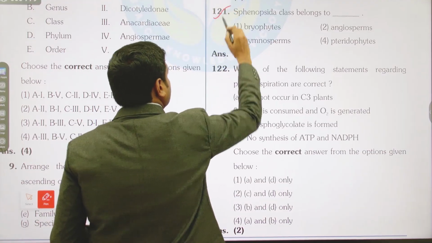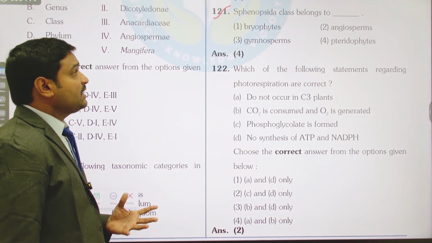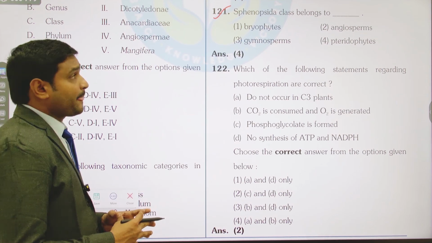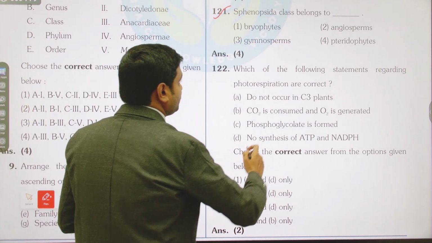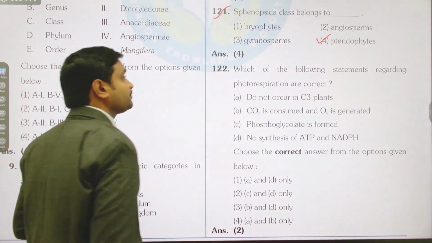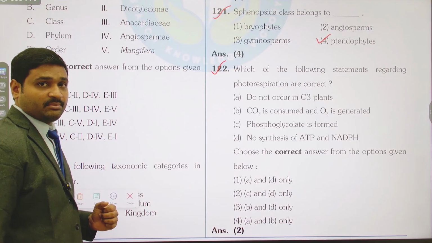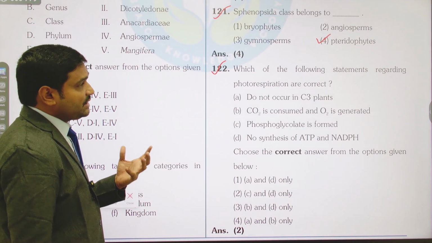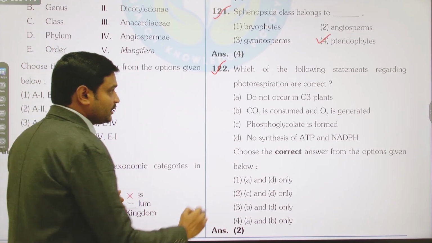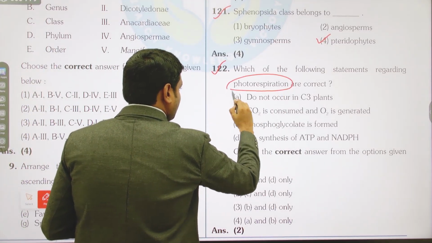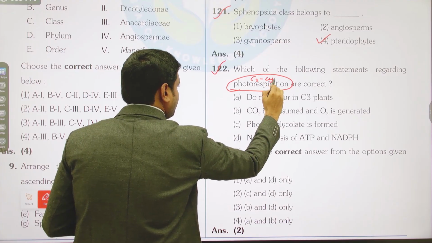Question 121: Sida belongs to... this is a straightforward question from NCERT from the chapter Plant Kingdom. Here Pteropsida belongs to the pteridophytes. Then question number 122. Which of the following statements regarding photorespiration are correct? Another question from Photosynthesis in Higher Plants. This is also called the C2 cycle.